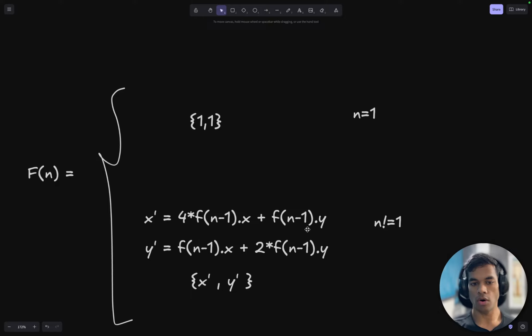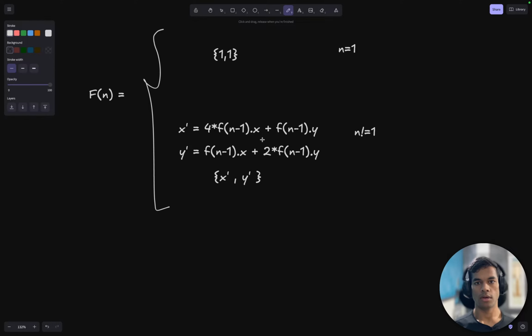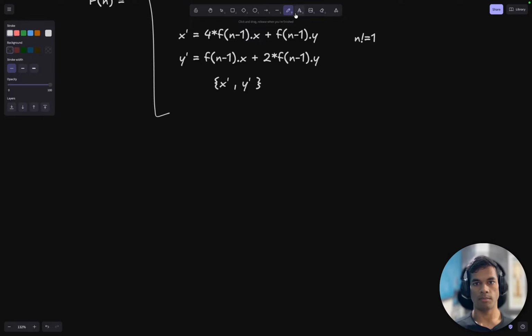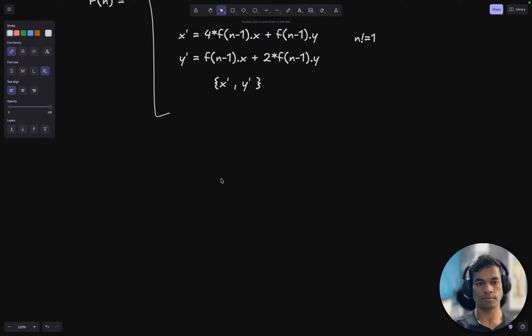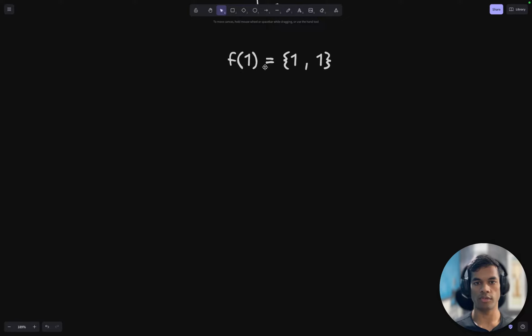Okay, let's write down some values first. We know f1 equals 1 comma 1, right? We know that just from brute force.